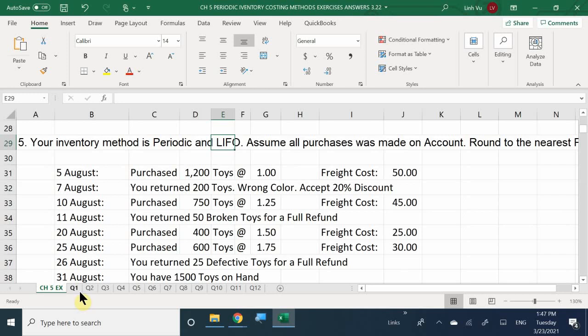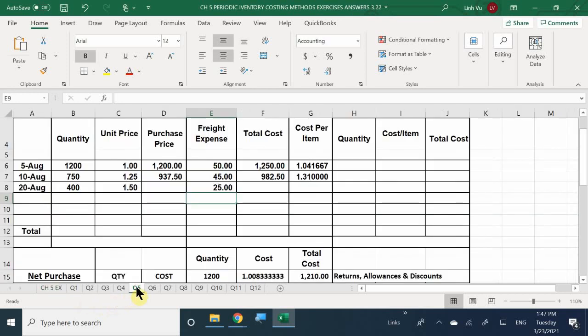Yes. Okay. So what is my purchase price here? 600. Okay. What is my total cost? 625. Good. And then lastly, what is my cost per item? $1.5625. Good.